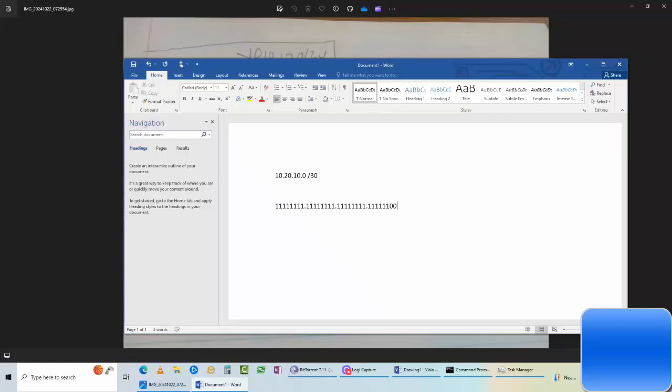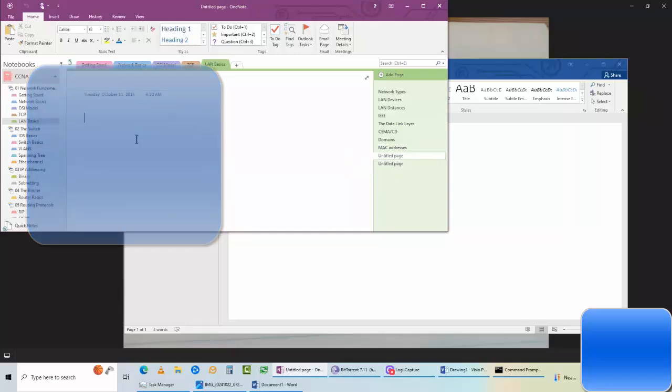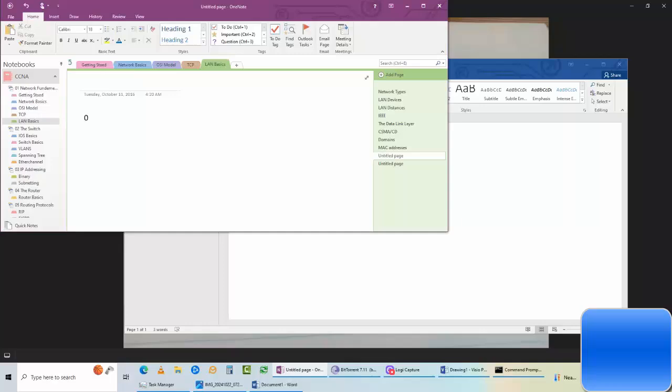Now if we go back and take that last octet, we're actually going to go into OneNote to do this. Six ones and two zeros: 1, 2, 3, 4, 5, 6, 0, 0.